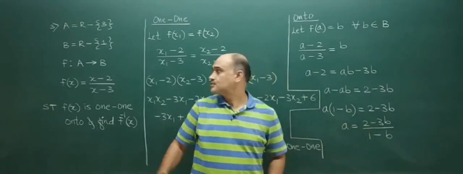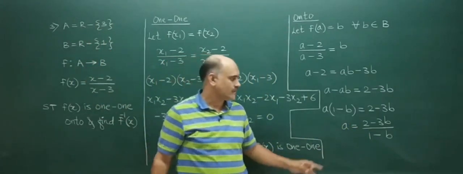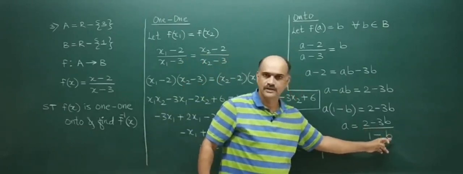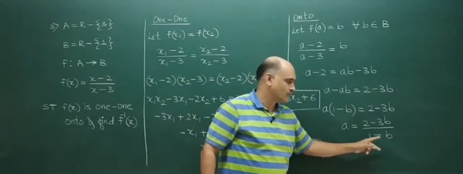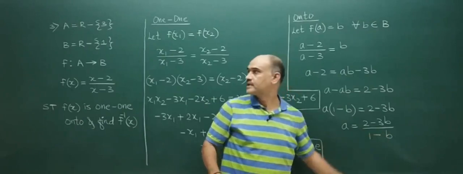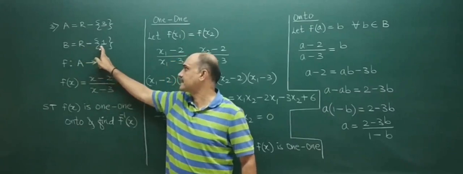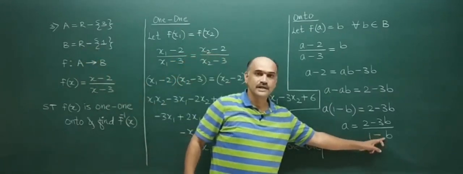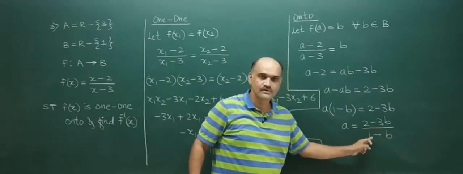Now this a should belong to the first set, that is A. Just now I told that here you are having a denominator. So when will this denominator be 0? When b is equal to 1, so 1 minus 1 you will have 0. But what he has told is b are all real numbers except 1. So b will never be equal to 1, which means this term will never be equal to 0.